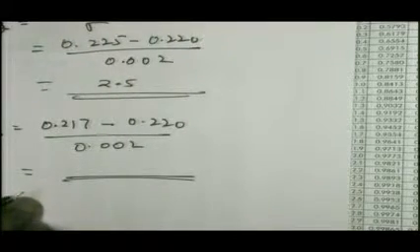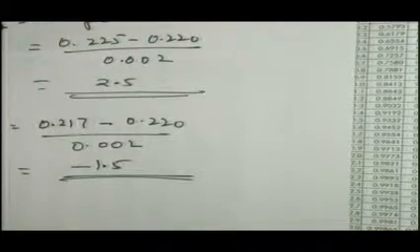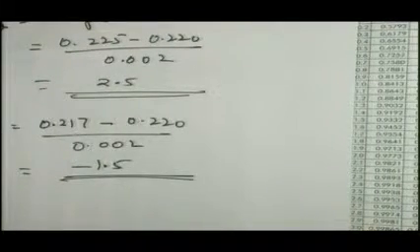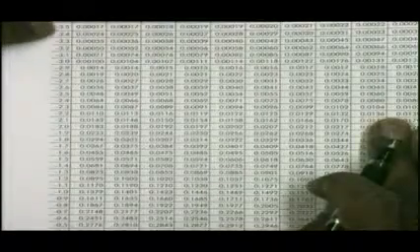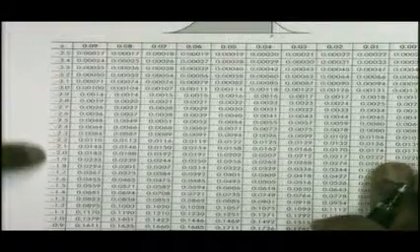I get negative 1.5. Right? I go back here, I don't have to go to the right page, and I look here, come back, come down, down, down, down, all the way.